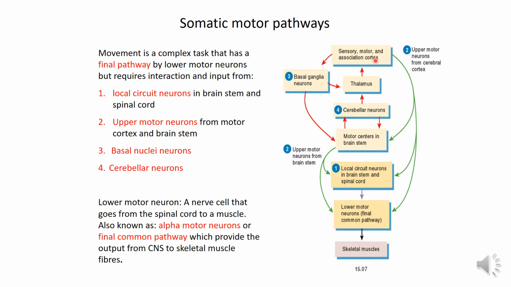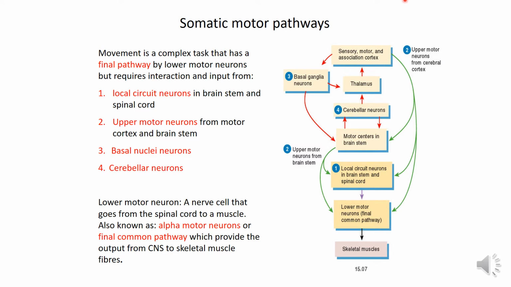At the end, the impulses discharged from the motor areas and the motor nuclei present in the brainstem go down to the spinal cord to affect the lower motor neuron, and when they affect the lower motor neuron, they give the orders to the skeletal muscles, so you produce the voluntary movement.